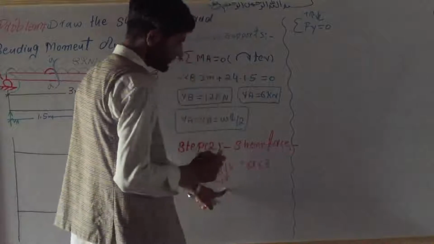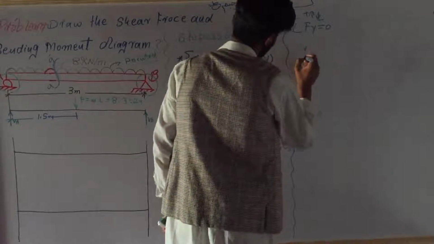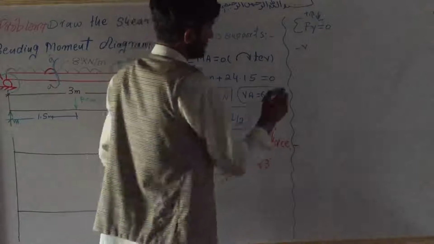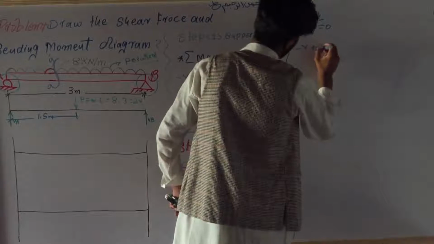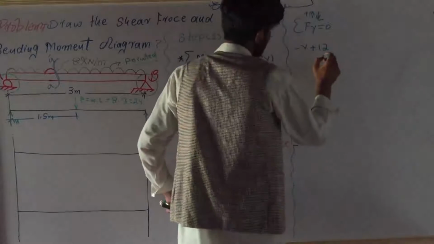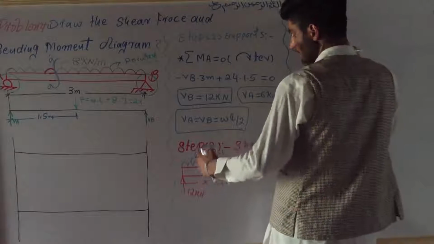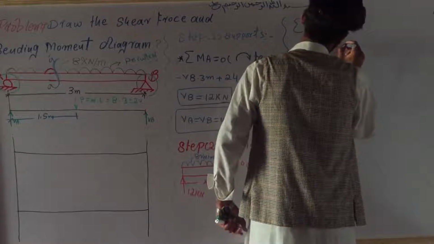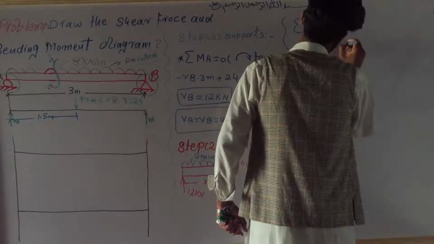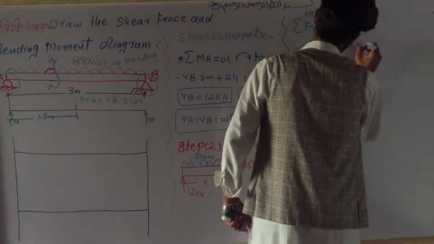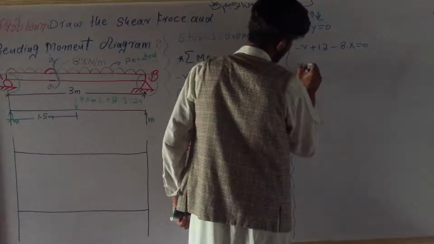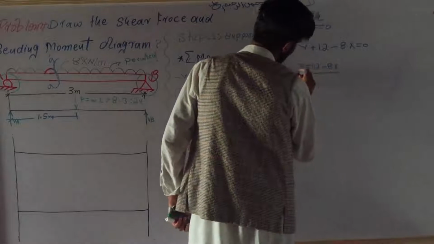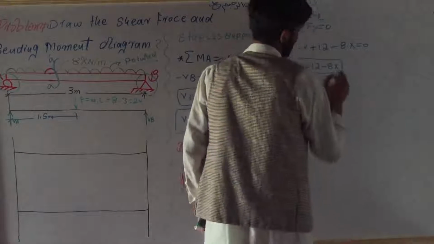We have the 12 kilonewton reaction, which is positive because its direction is up, and we have the distributed load, which we change to a pointed load, 8 times X. That's negative because its direction is down. So V equals 12 minus 8x, and this is our shear force equation.